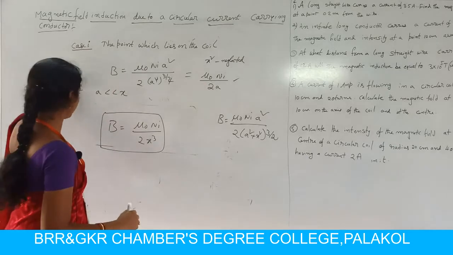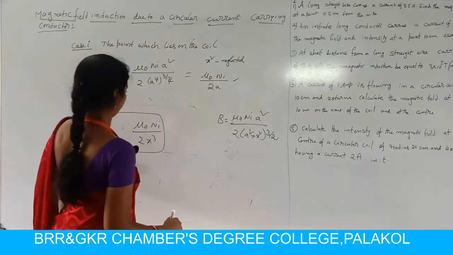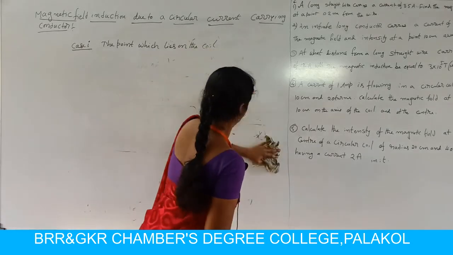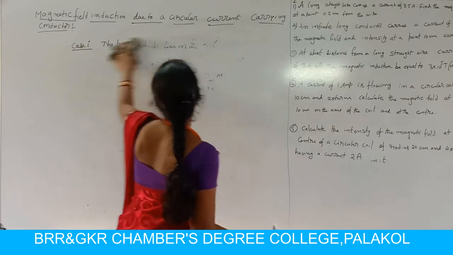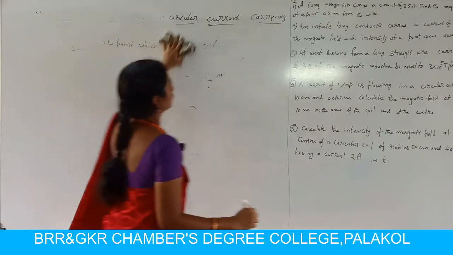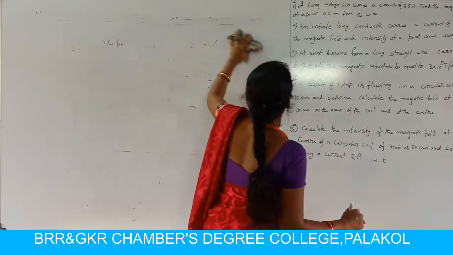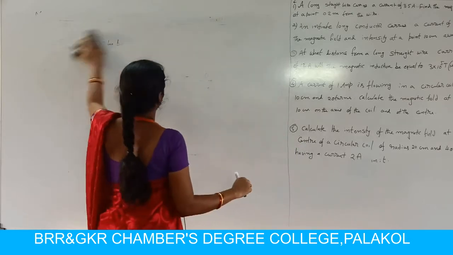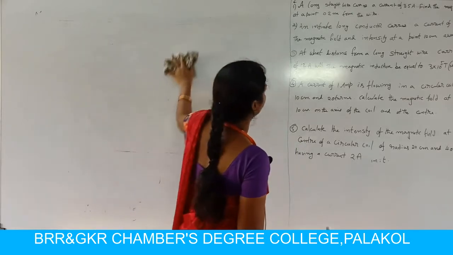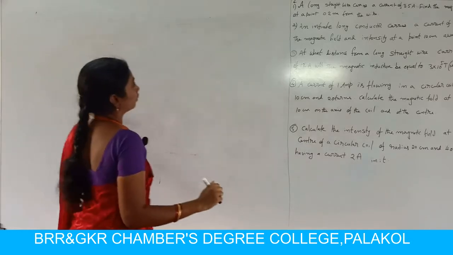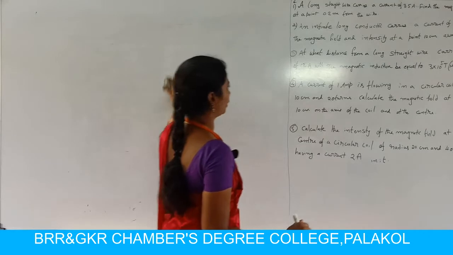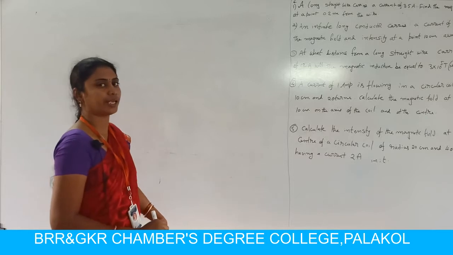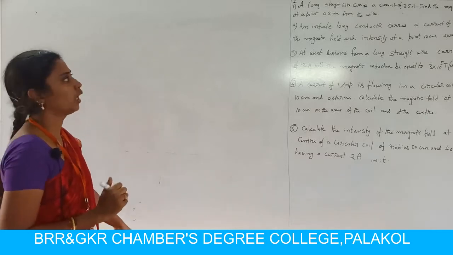Our first problem: a long straight wire carries a current of 3.5 amperes. Find the magnetic induction at a point 0.2 meters from the wire.